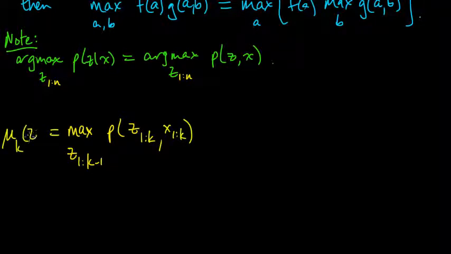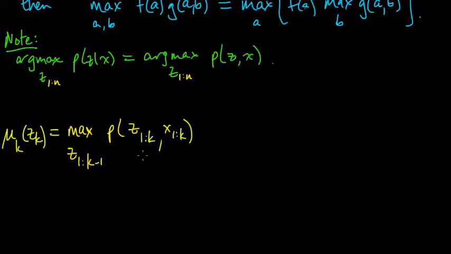I was trying to motivate this a little bit, and I don't know how well I motivated it. But this is the quantity we're going to be interested in. Call it mu k, mu for max, and it's a function of zk. We'll drop the dependence on the x's since we're assuming they're all known, given to us. So let's think about this max.